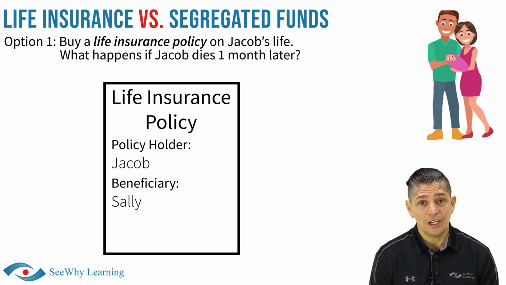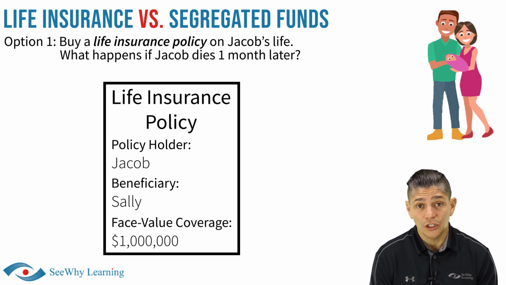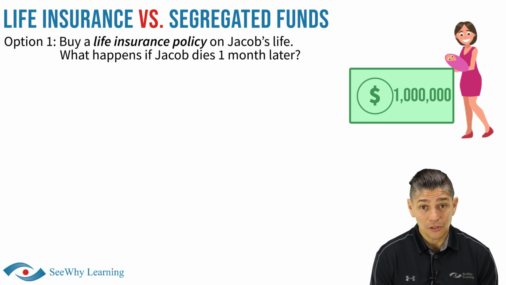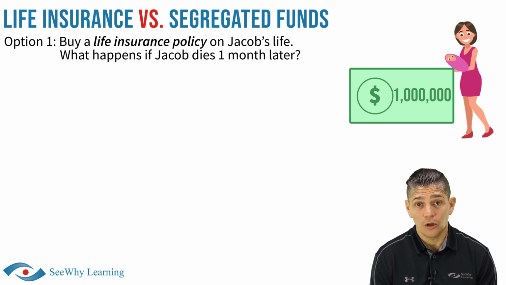Let's assume that based on his age and the type of policy he selected, he was able to buy a life insurance policy with a face value of coverage of $1 million. As beneficiary, Sally would receive a tax-free lump sum death benefit of $1 million upon Jacob's death. Once Sally receives a death benefit, she could do whatever she wanted with the money.